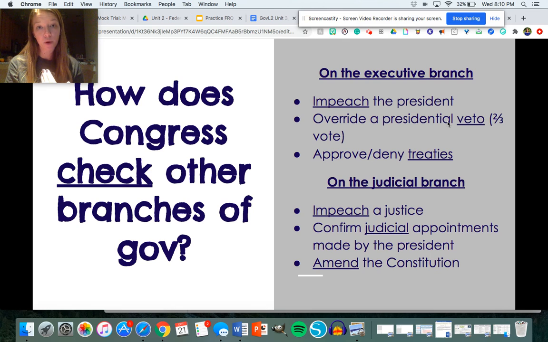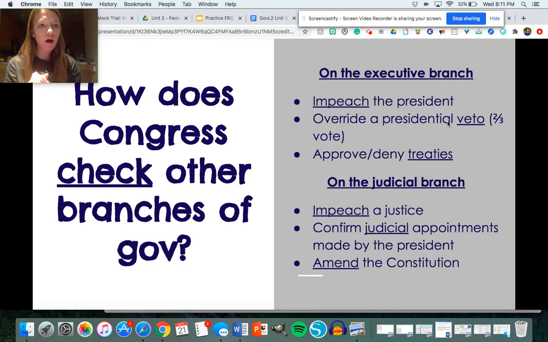Now, on the judicial branch, Congress can impeach a justice if they violate the Constitution or a law. They can confirm judicial appointments that are made by the president. So to become a member on the Supreme Court, as we're seeing right now, to replace Ruth Bader Ginsburg, the president nominates a justice that then has to go through Congress before that person can be put onto the Supreme Court.